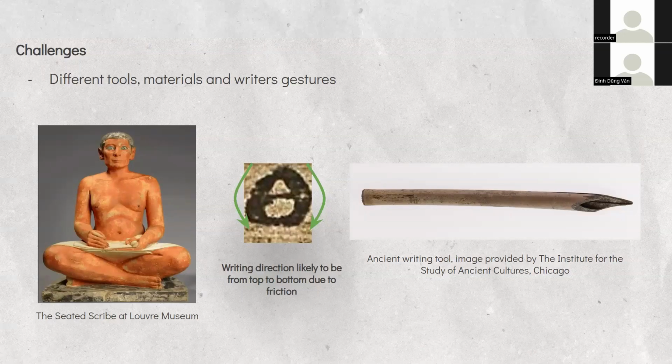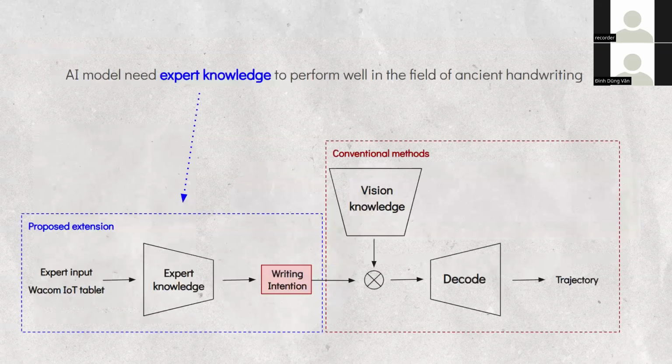And this kind of information is not embedded into the AI models. So what we are interested in doing is to integrate this kind of expert knowledge from the Asian experts to have the AI model generate better trajectories. We are exploring a concept called writing intentions.